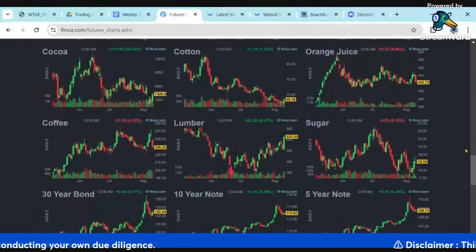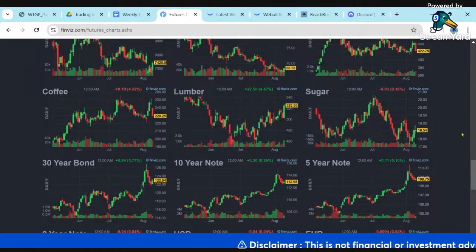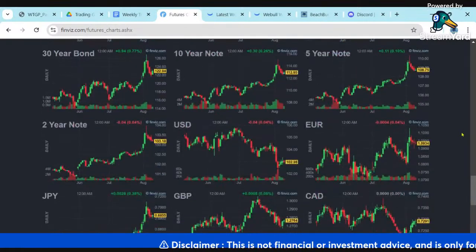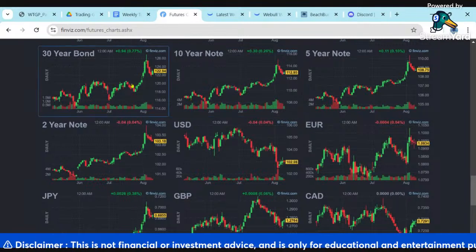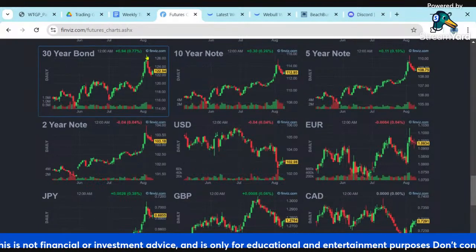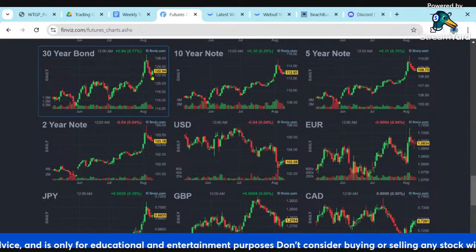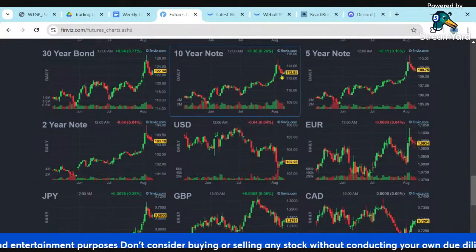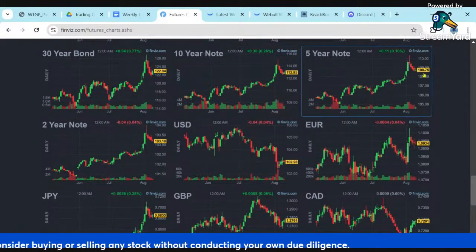Other commodities bouncing: sugar, coffee. Again, another opportunity to trade volatility is in the bonds. We saw that strong run up, peaked out, got rejected, downtrended pretty strongly back down to these levels: 122, 112, 113, 108, 109.